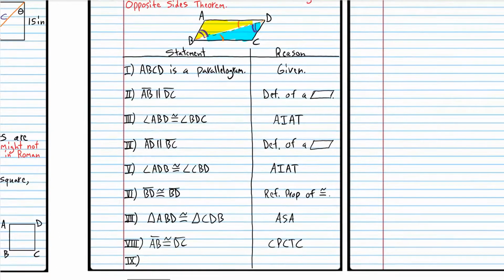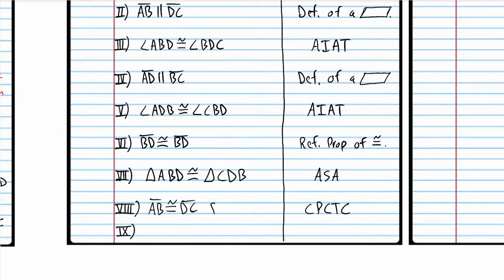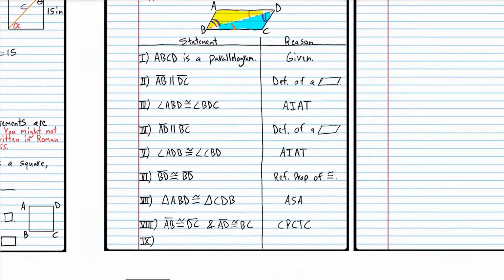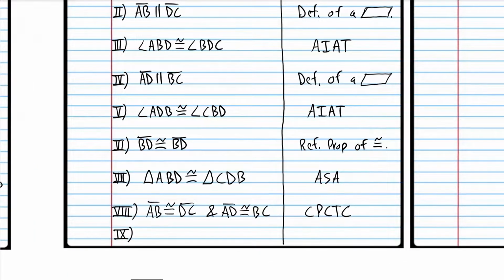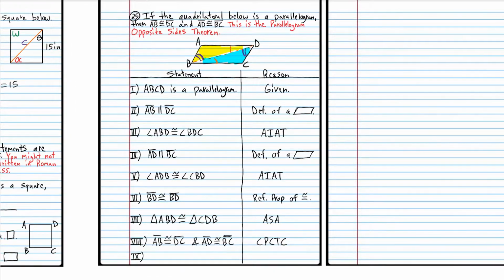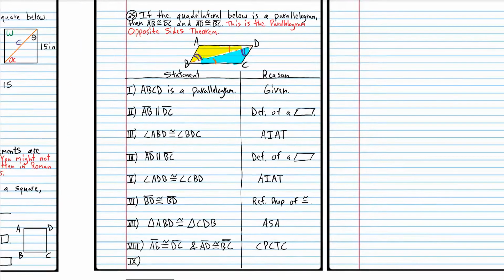And it looks like I have another step there, but you really don't need another step. You can say in the same line that AD is congruent to BC, and that's what we're trying to prove. That's the last step. And whoops, I forgot to draw the segment above the BC there. So we did it. We proved that opposite sides of this parallelogram are congruent.